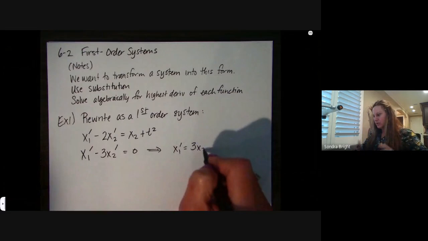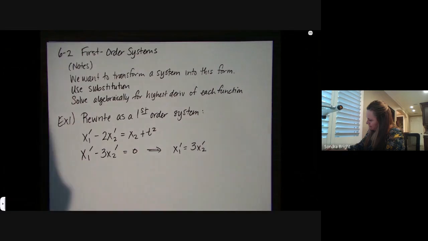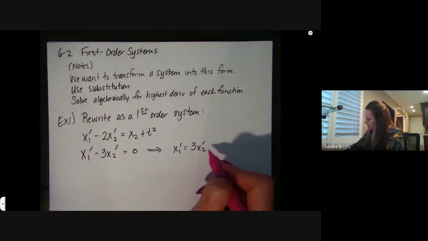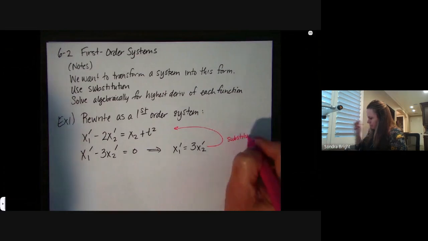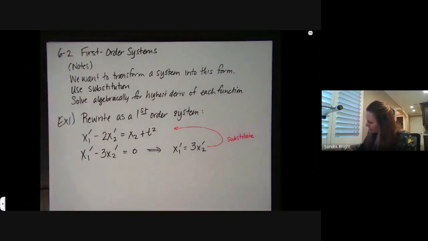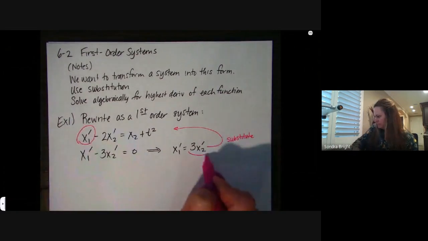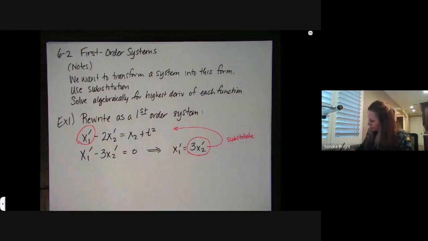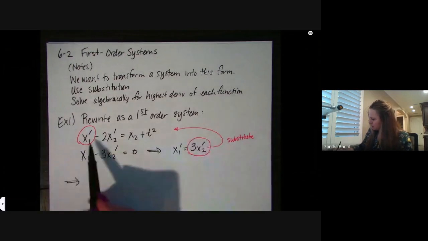And then you can substitute that into this equation. So instead of x1 prime, I'll substitute 3x2 prime. When I substitute it into the first equation, instead of x1 prime I'm replacing it with 3x2 prime.